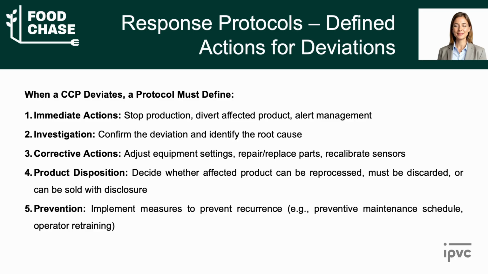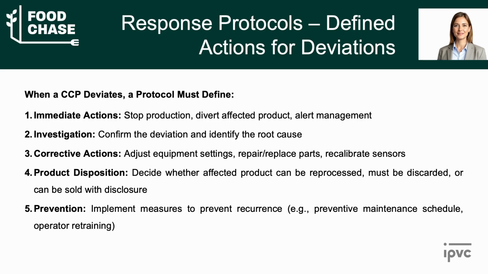When a CCP deviates, a protocol must define immediate actions: stop production, divert affected product, alert management. Investigation: confirm the deviation and identify the root cause. Corrective actions: adjust equipment settings, repair or replace parts, recalibrate sensors.